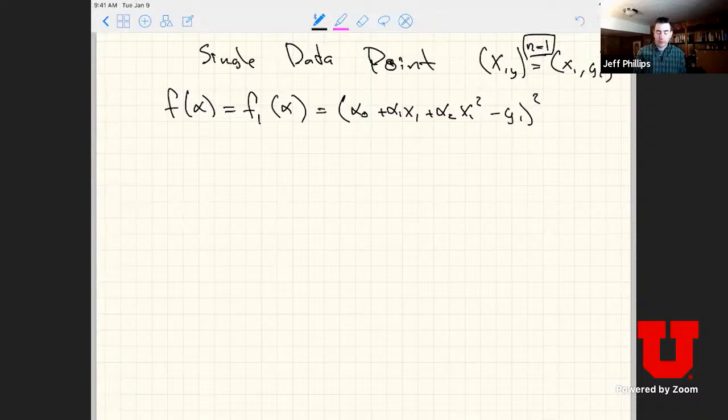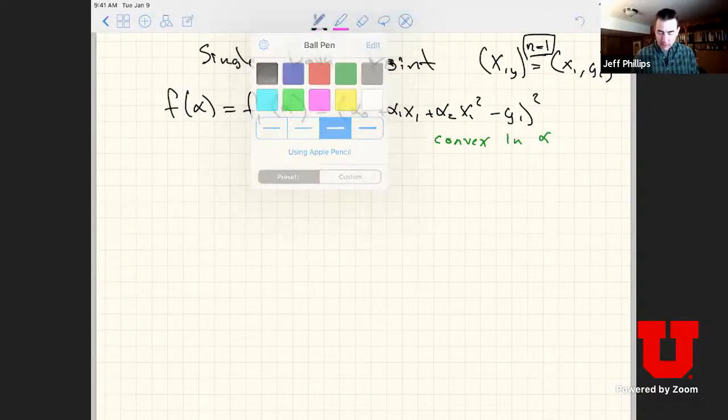This function is going to be convex in the choice of alpha. I'll try and draw a picture of this later and hopefully convince you at that point, but it's going to be convex in alpha.